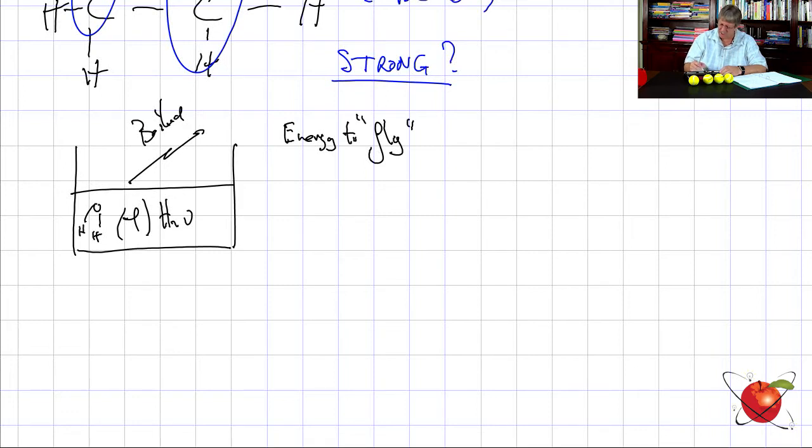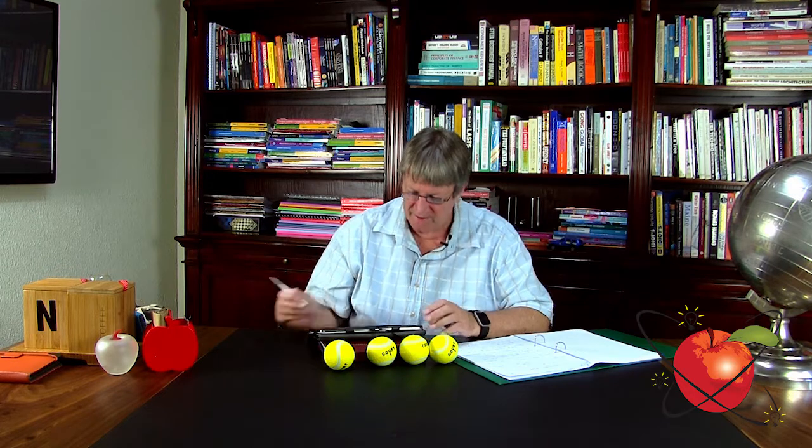In other words, it's moving, so its EK was a half mv squared. Now that's important because the mass comes into it. Obviously, first of all, we have to break the intermolecular bond between these. Then they're going to go faster and faster until we can fly this away.